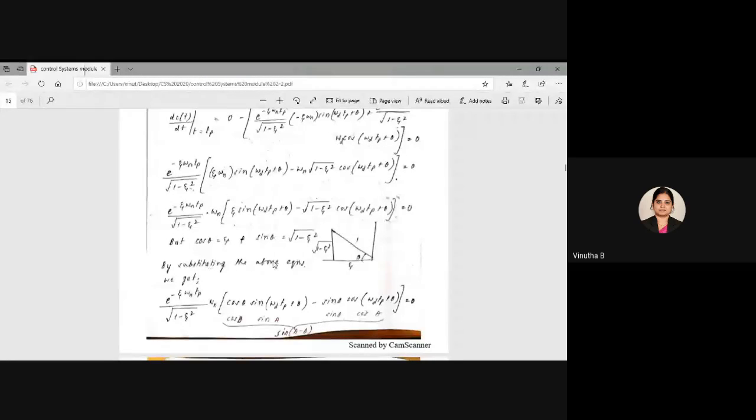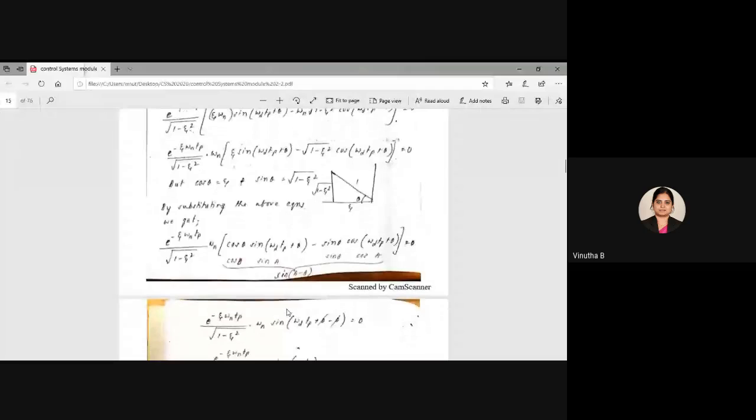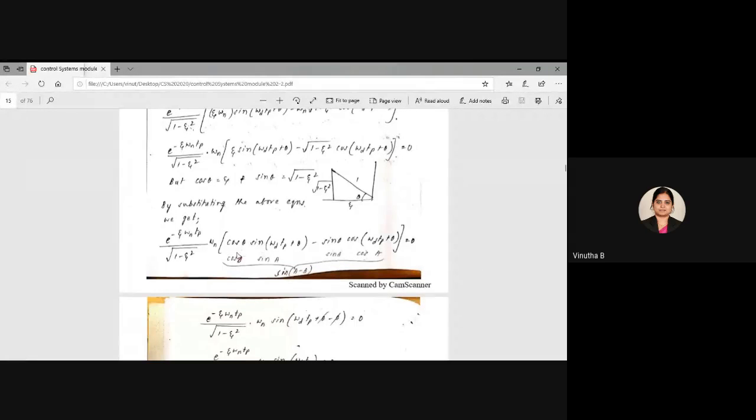By substituting the above equations we get, this term will be as it is, and in place of zeta you can write cos theta, and in place of square root of 1 minus zeta square you can write sine theta. So when you write that, you will be getting this equation, which is cos b sine a minus sine b cos a. So this can be written as sine of a minus b from your mathematics.